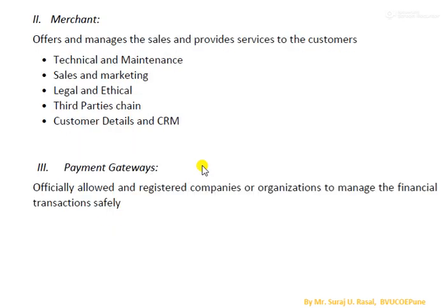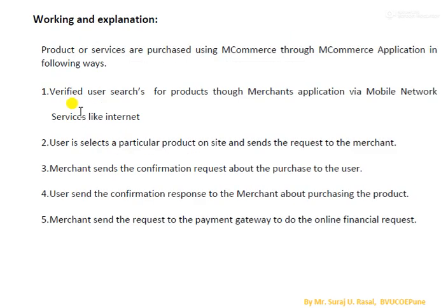We already saw that the first point represents this: the verified user can search for the product through the merchant's application via mobile network services. Internet is one kind of service available within the list of services in the mobile network.